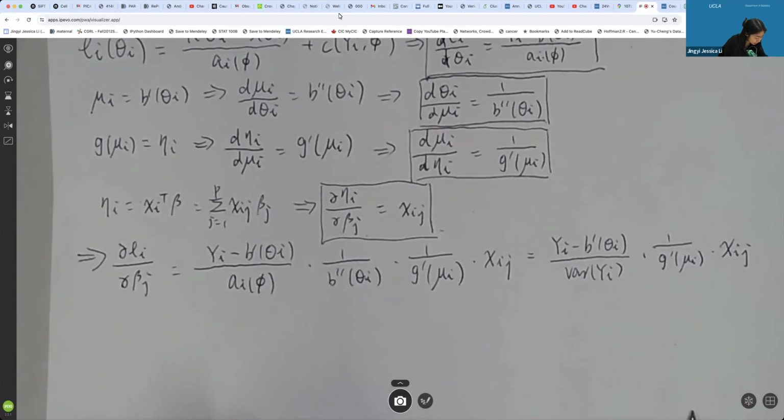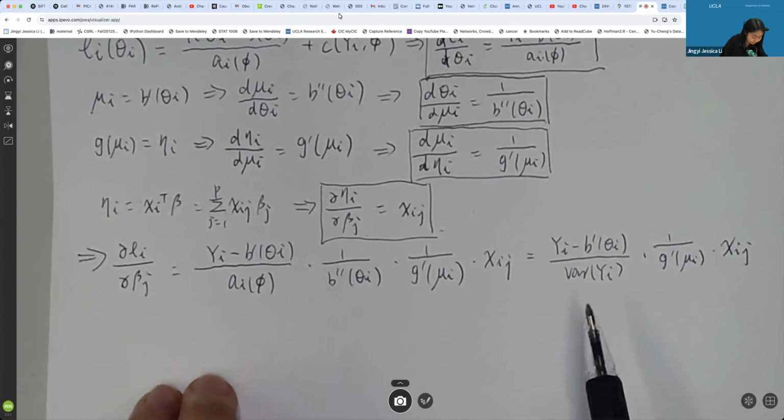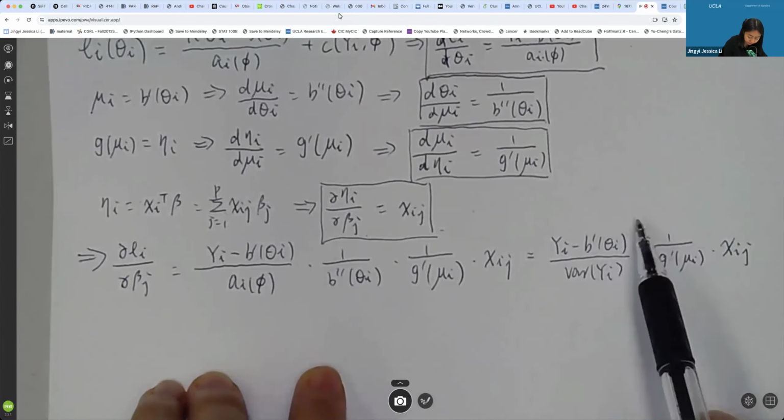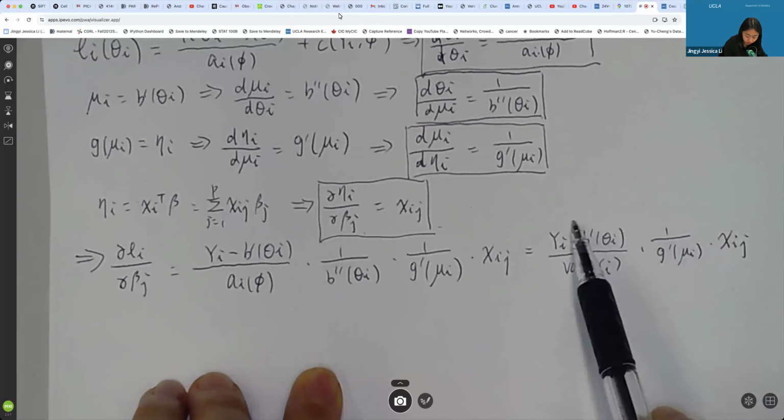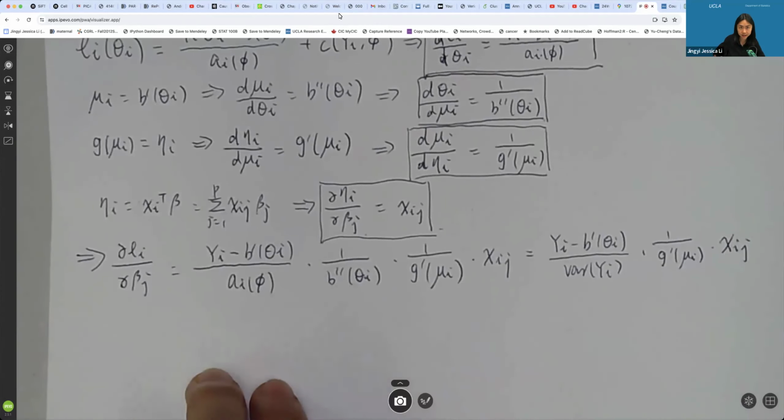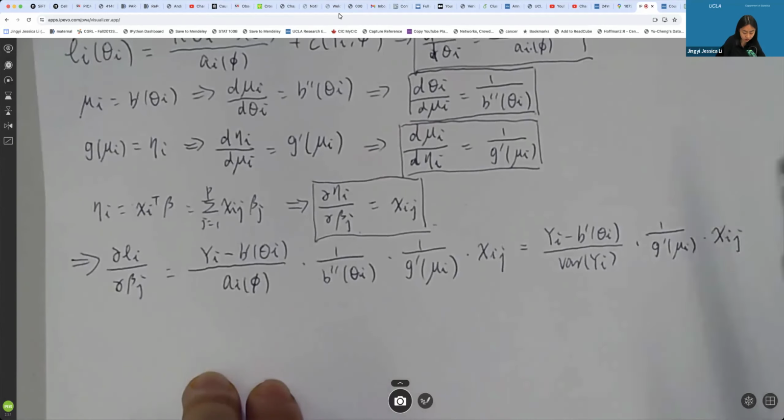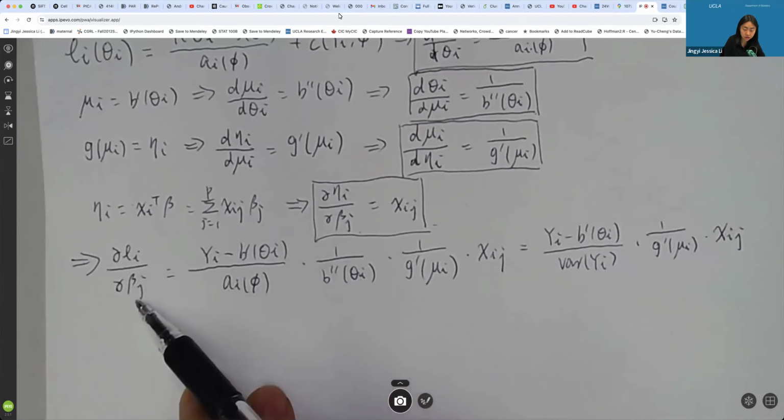Okay, and one more thing we could do now that we have this form. We basically want to change it to something we are familiar with. Recall that for the linear model, when we have the least squares and we take the derivative of the likelihood against beta j, what did we have at that time?